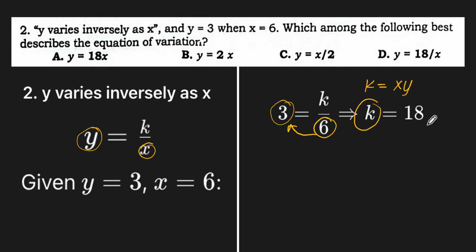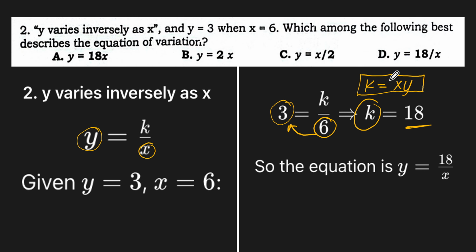So 6 times 3 is equal to 18. Again, to find the k value, or the constant, just multiply the x and y. So when we find the constant of this given, then we can create a new formula.